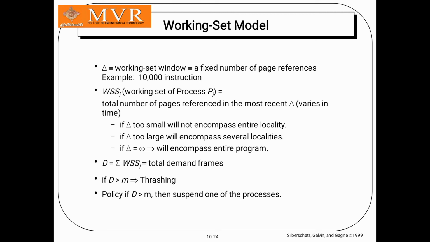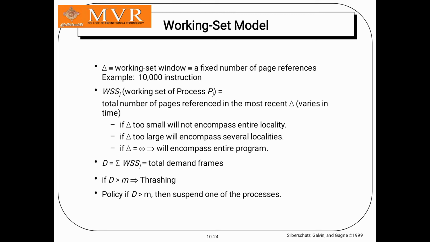D equals the sum of the working set sizes, which we represent as WSSi, meaning the process size, so it equals the total demand for frames. If D is greater than M, then thrashing will occur.